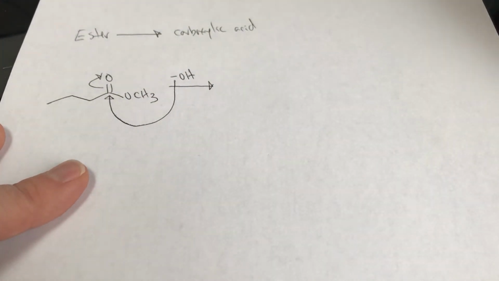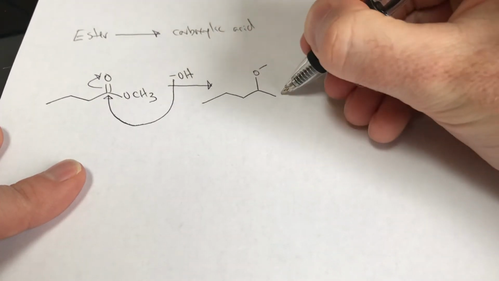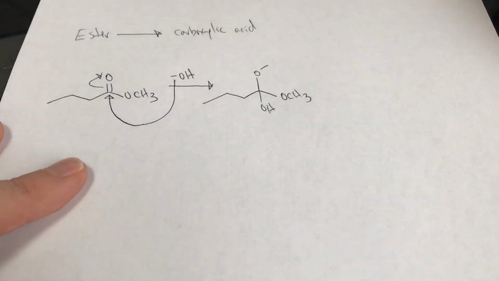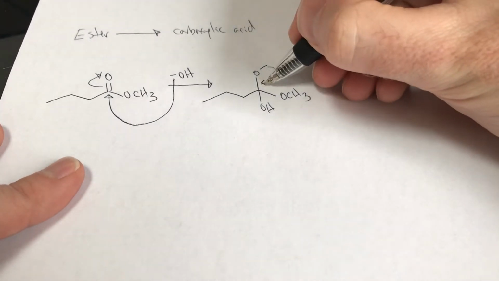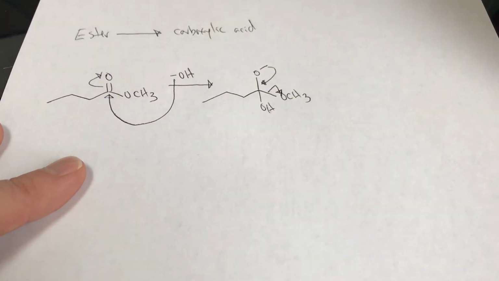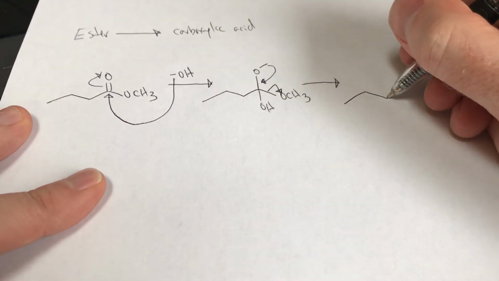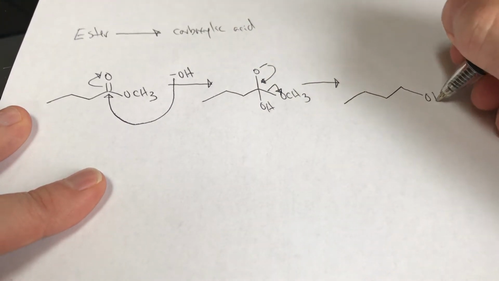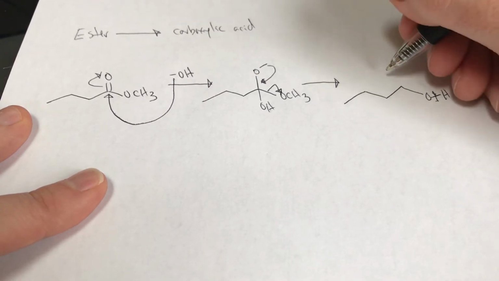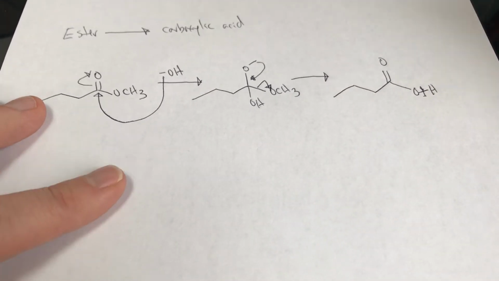Right, so the nucleophile adds, comes down, bumps off a leaving group. Messed up my OH there a little bit.